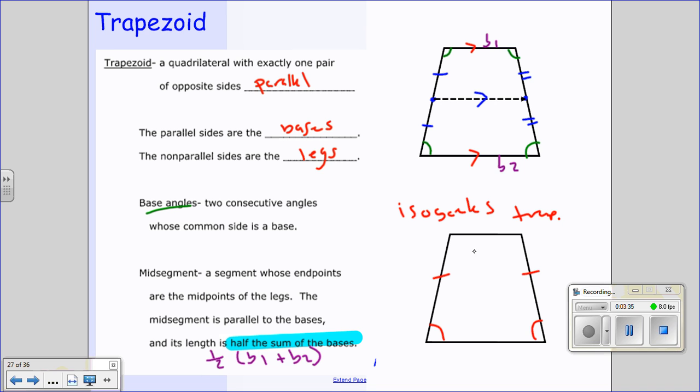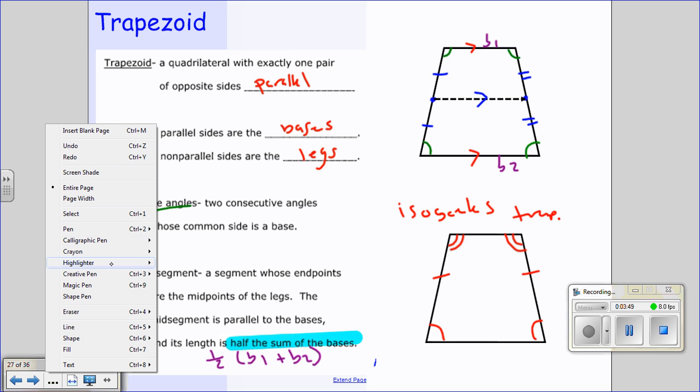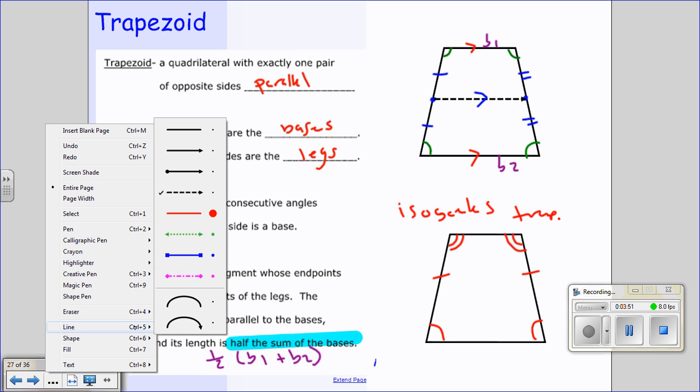That is for all four base angles, should I say. Also, the diagonals of the trapezoid will be congruent only on an isosceles trapezoid.